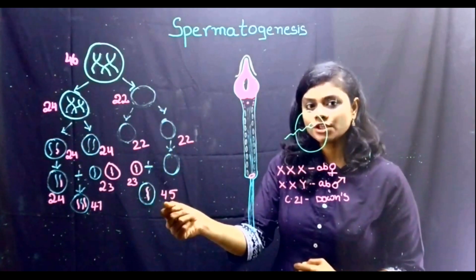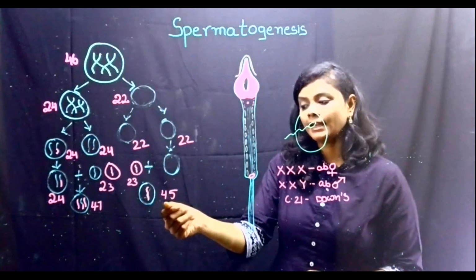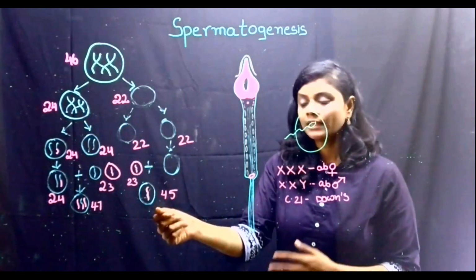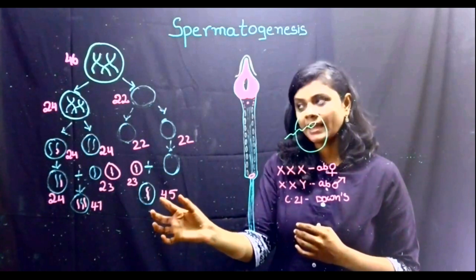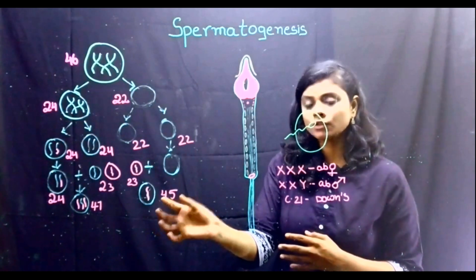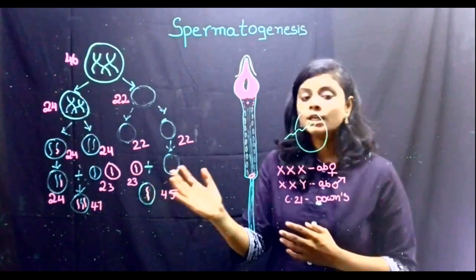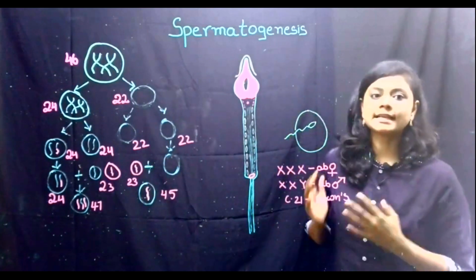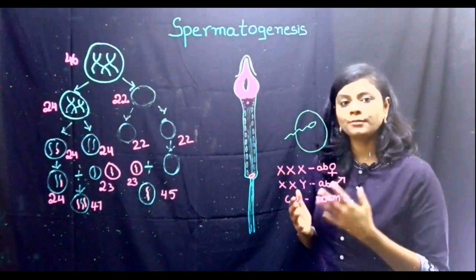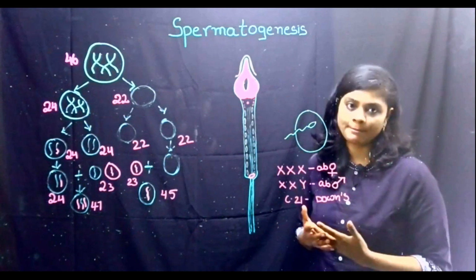This deficiency of the chromosome leads to monosomy. So this is 45, actually the number should be 46. A single chromosome is deficient here, resulting in monosomy. So these are the abnormalities and diseases resulting from abnormal meiotic divisions during gamete production.